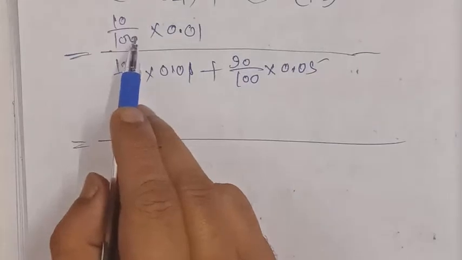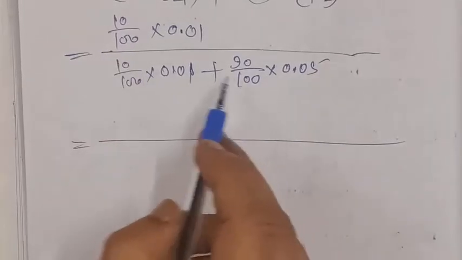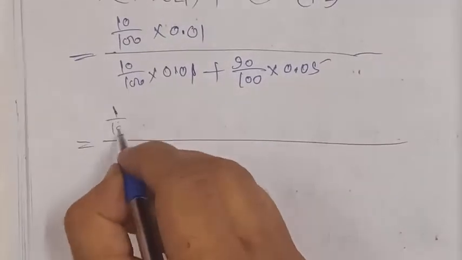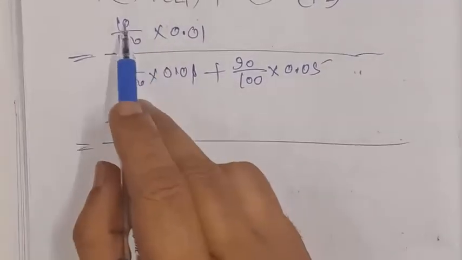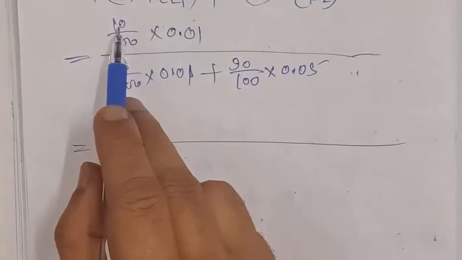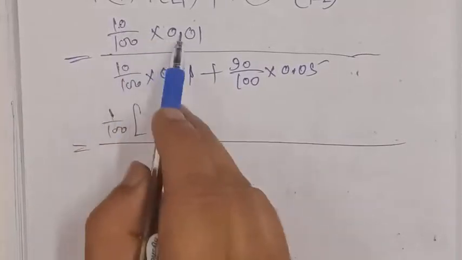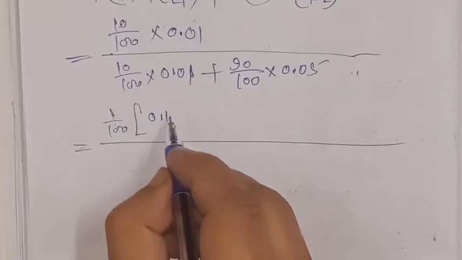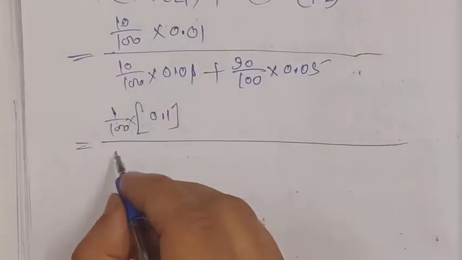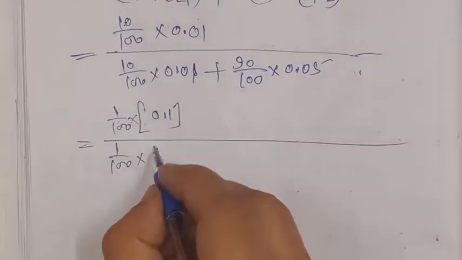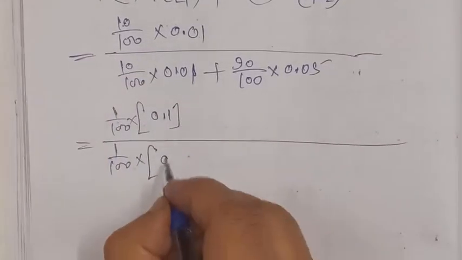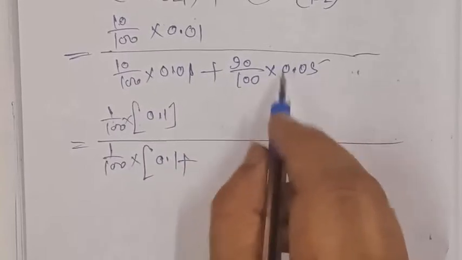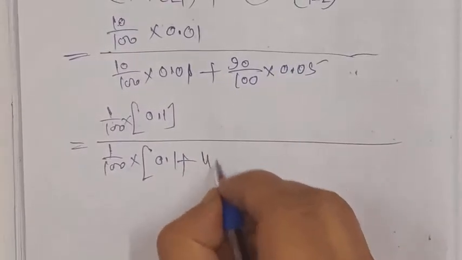Here we see that 1 upon 100 is common in both numerator and denominator, so take it out. The remaining values 10 and 0.01 multiplied give 0.1. Also, taking 1 upon 100 common, we get the same 0.1, and multiplying 90 by 0.05 we get 4.5.